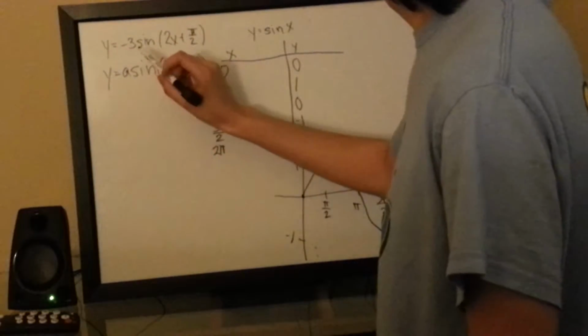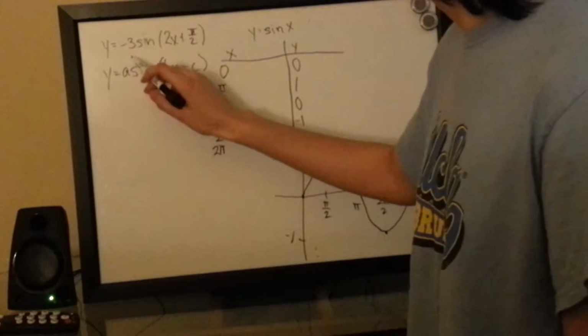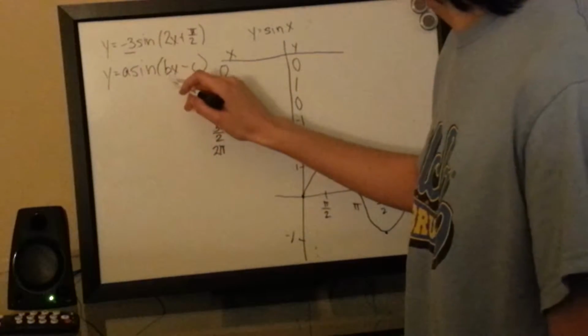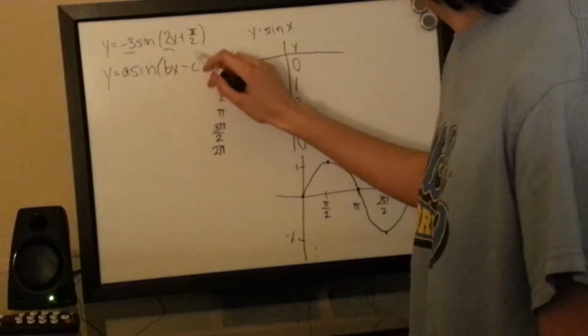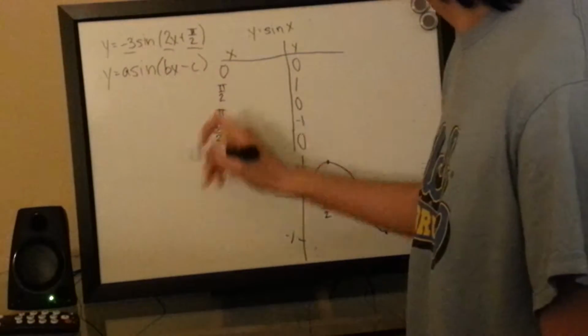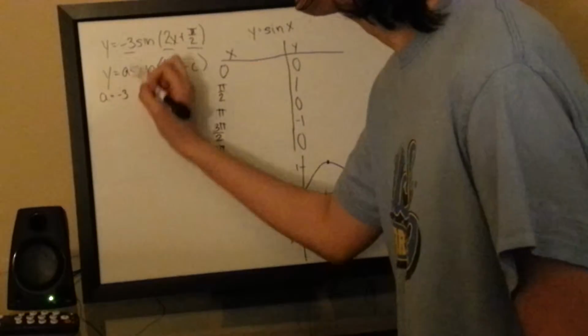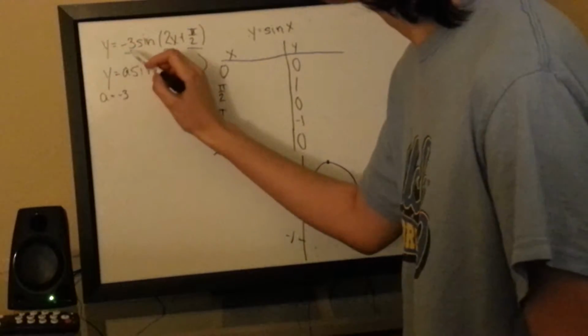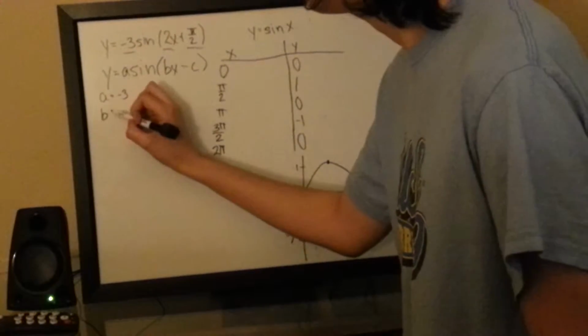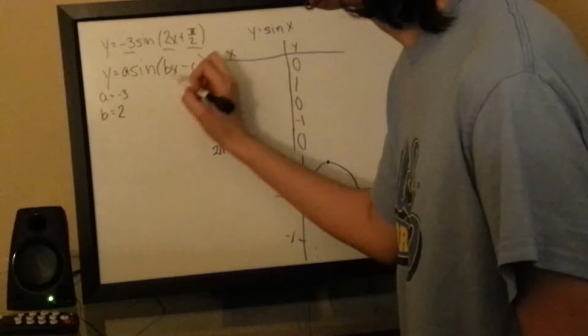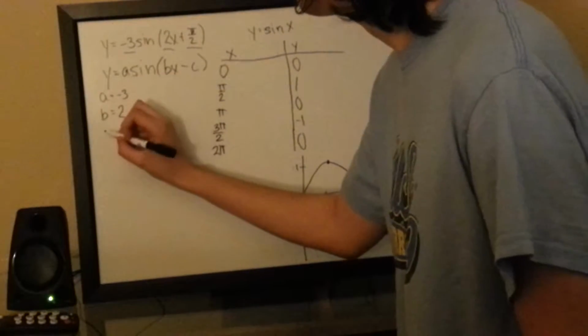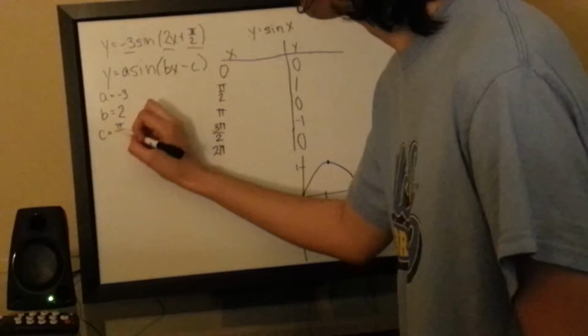Now we can see that a corresponds with negative 3, b corresponds with 2, and c corresponds with pi over 2. So a would be negative 3 for this function right here, b would be 2, and c would be pi over 2.